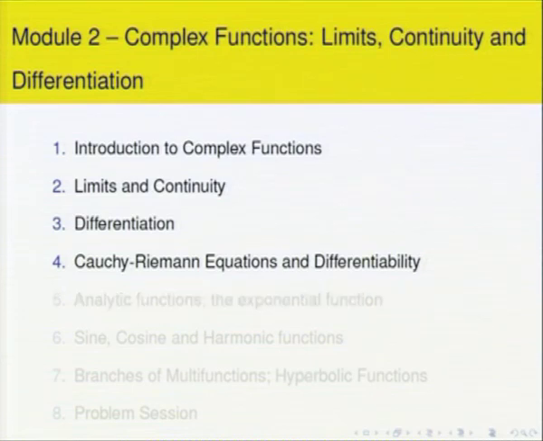And in module 2 lecture 4 we talk about the Cauchy-Riemann equations, which are a necessary condition, as I mentioned, for functions from subsets of R 2 to R 2 to be complex differentiable when viewed as complex functions.